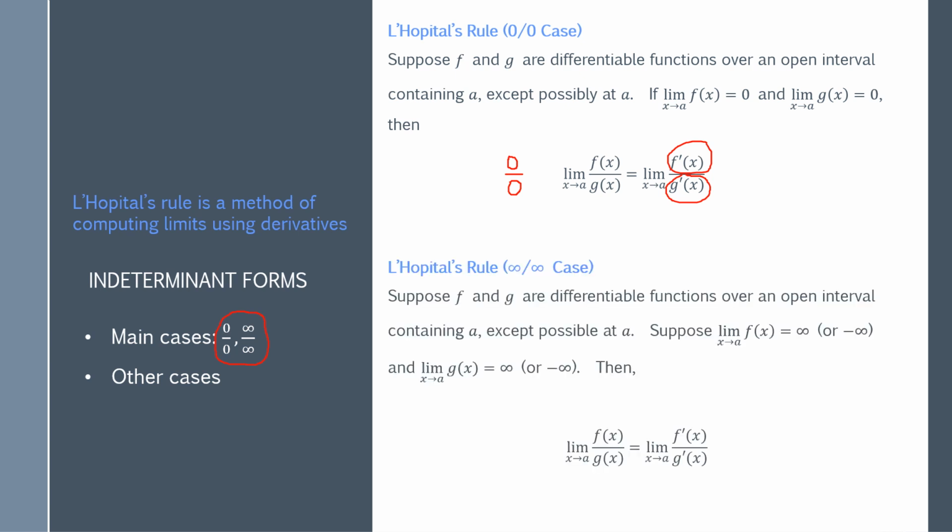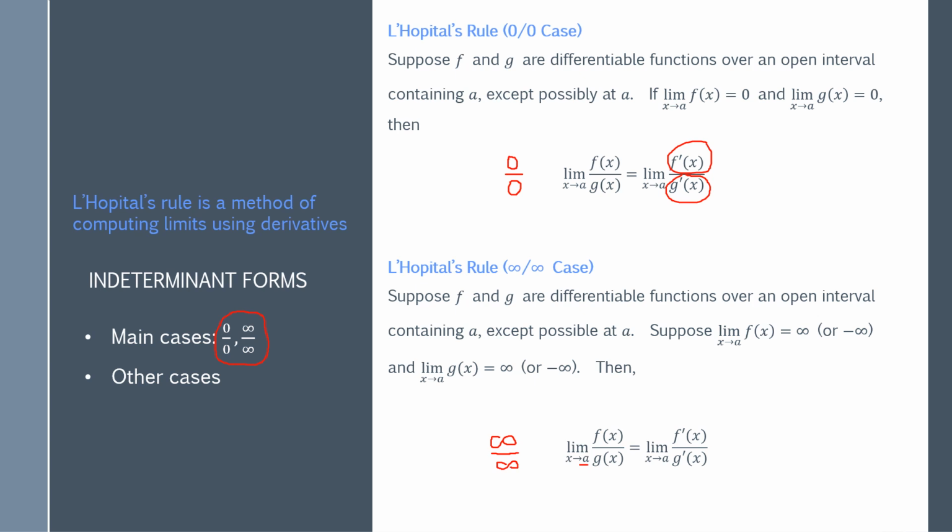Very similarly, we're going to apply the same trick whenever we have the infinity over infinity case. Notice that we can have positive or negative infinity. The sign doesn't matter. That is, if you plug in a for x in f and g, you're going to get the form infinity over infinity.